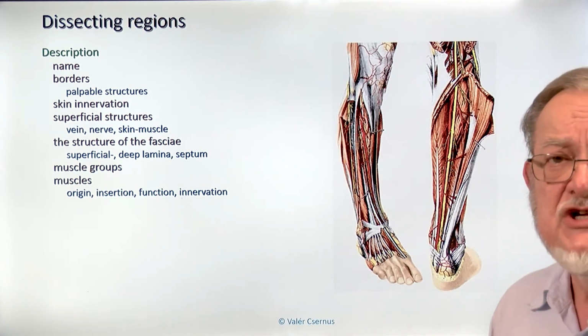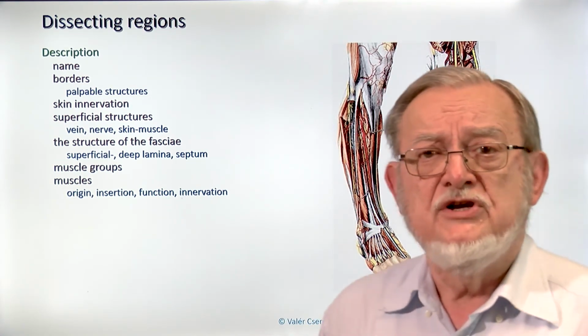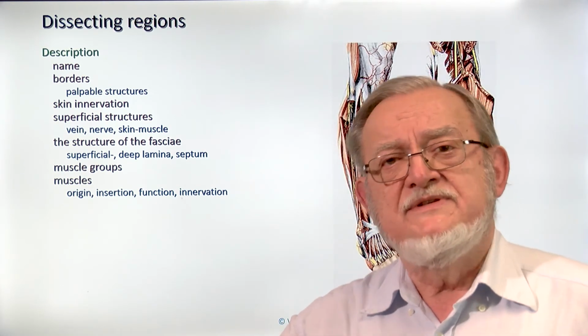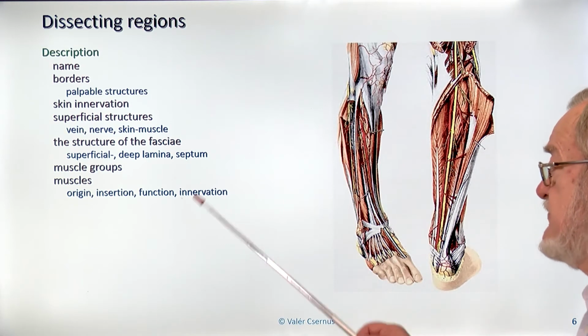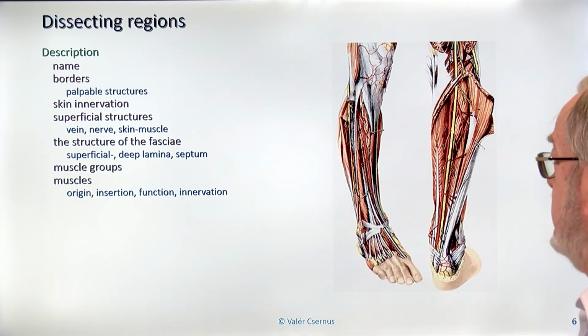Important thing, the function always moves joints, not the limbs and whatever. You always have to refer to joints, and also you have to mention the nerve, the innervation.